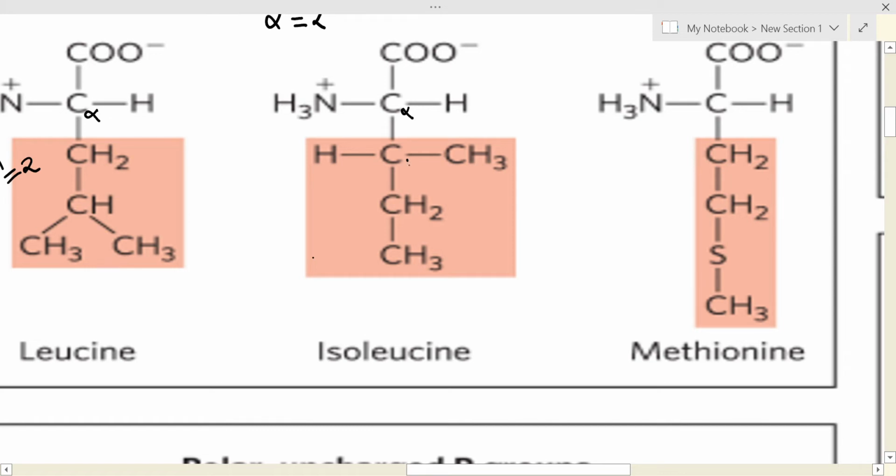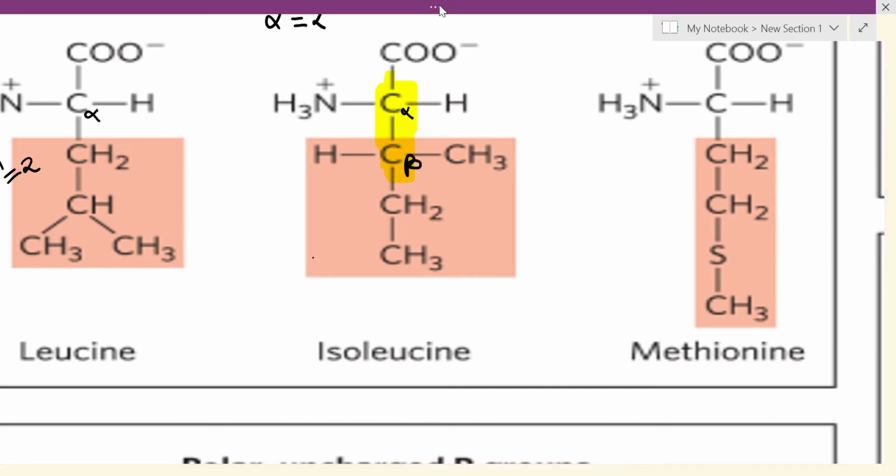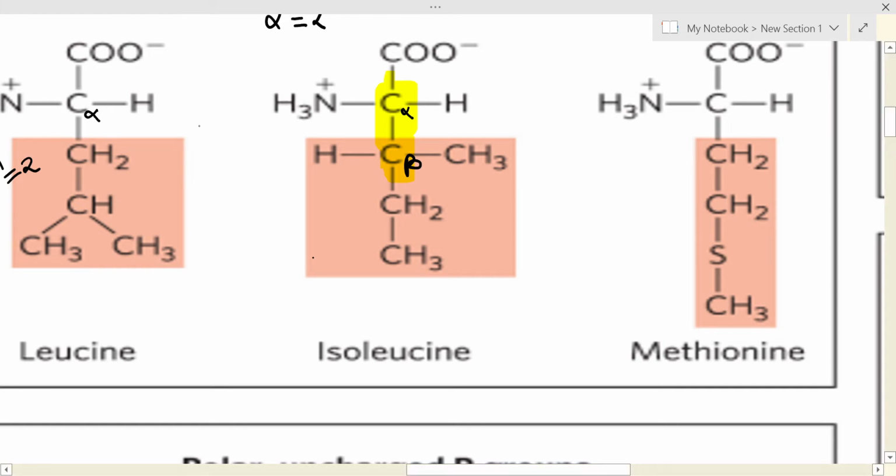So this beta carbon, this is chiral in nature. So let me highlight these 2 chiral carbons, this and this. These are 2 chiral carbons we have.